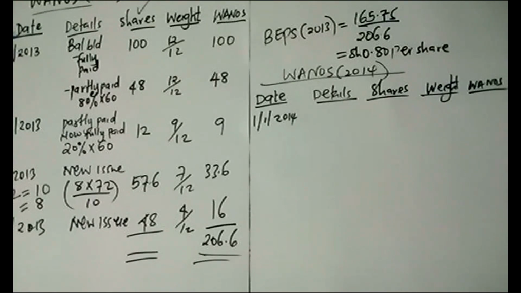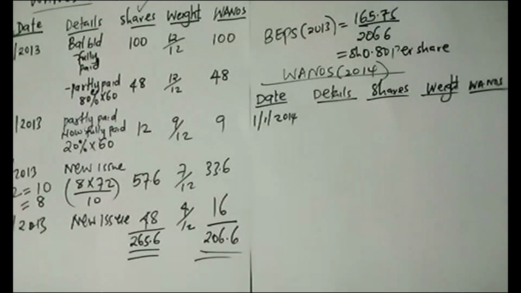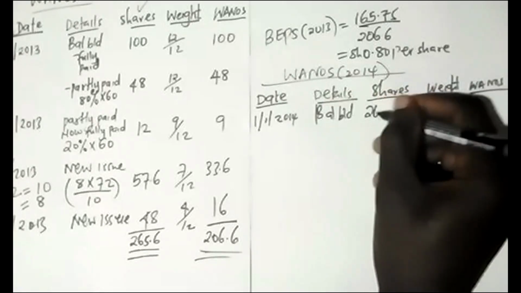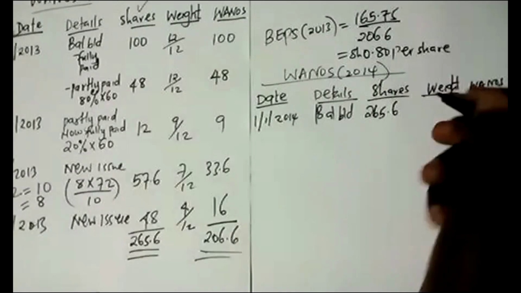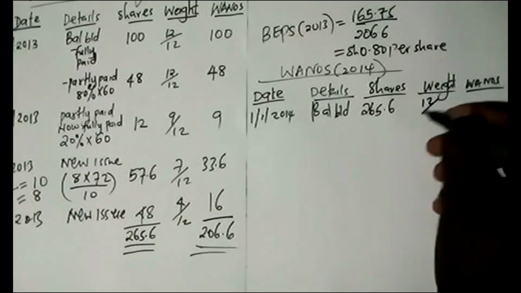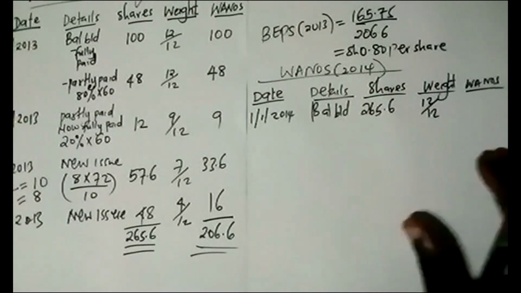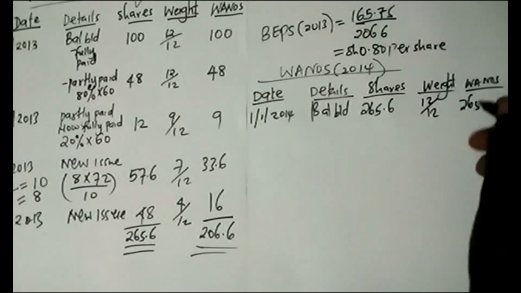So I'm getting 265.6. So that is the balance brought down. And this one, obviously, you weigh from the start of the year to the end, for the entire period, that is throughout the year. So we get 265.6.